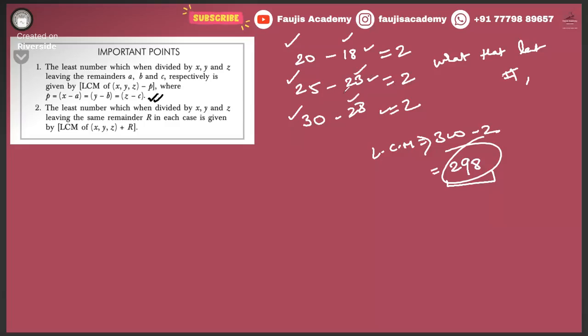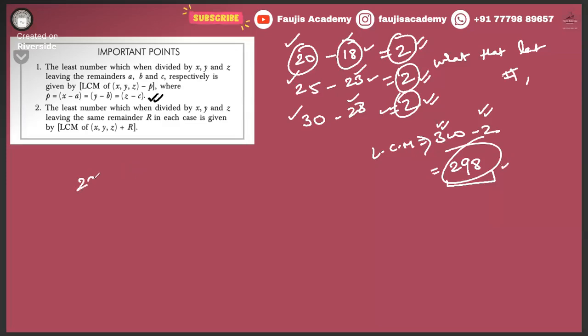In all the cases, the difference between the divisor and the requisite remainder is a common number. What we did was find the LCM and reduce it by 2, and we got the number 298.